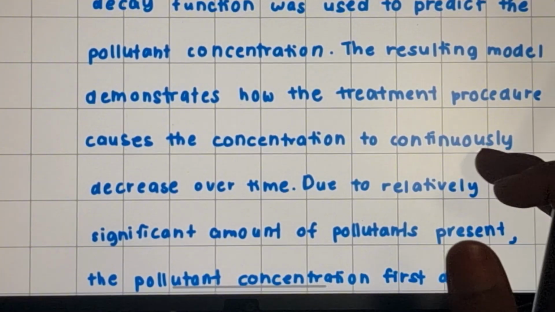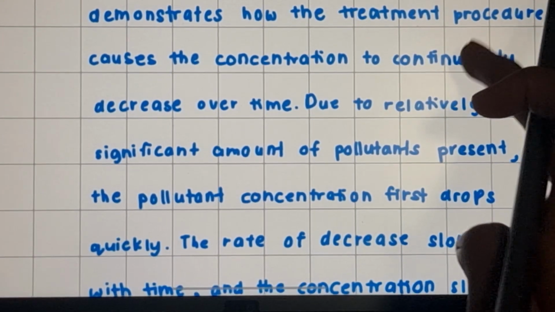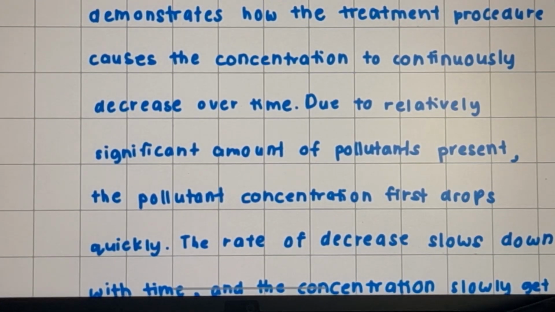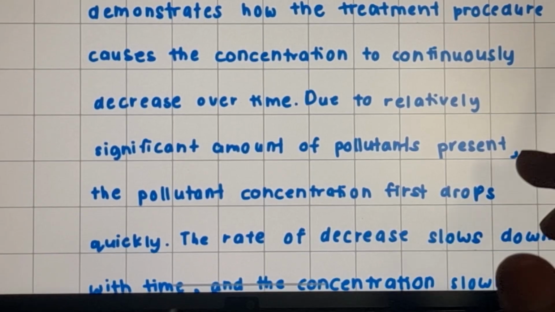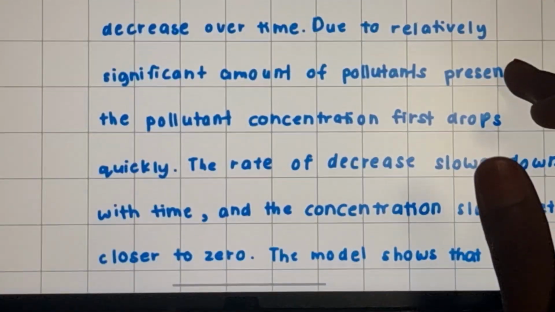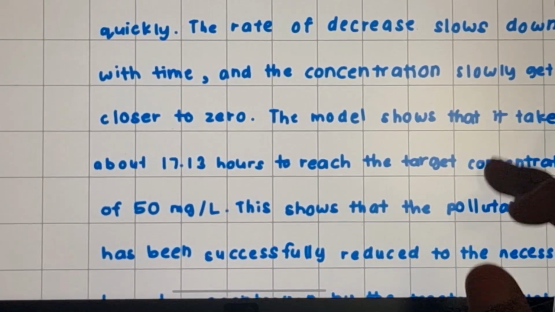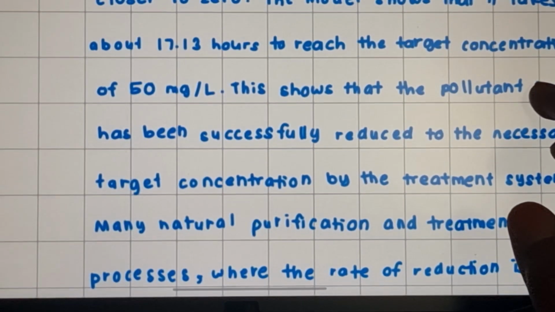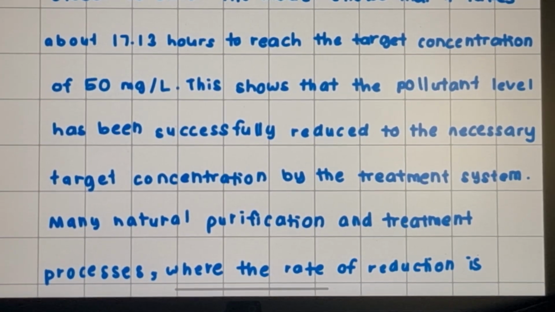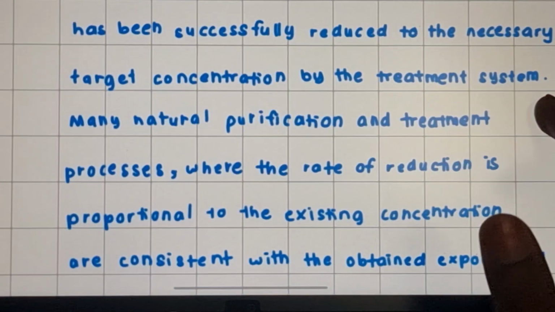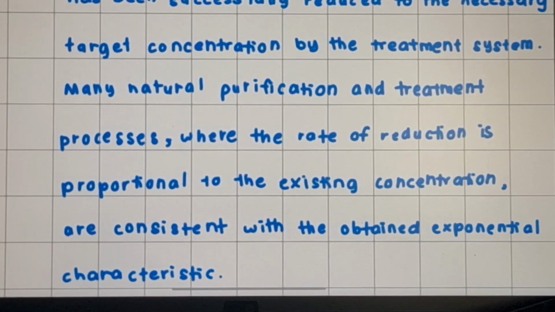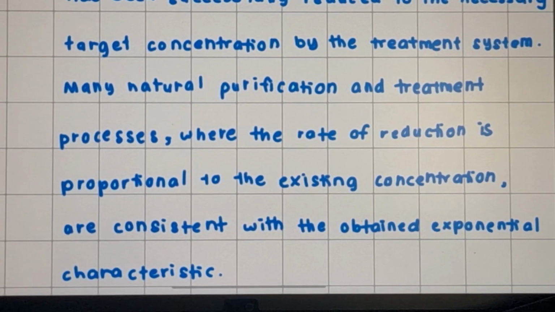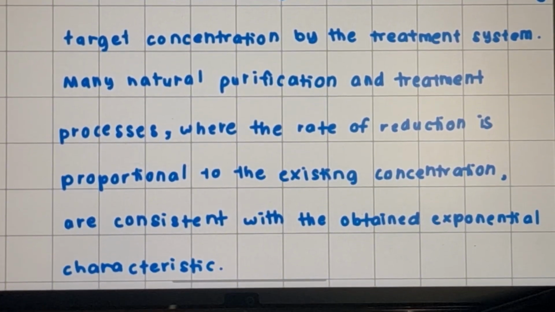Based on the model, the target concentration of 50 mg/L is achieved after approximately 17.30 hours. This behavior is consistent with many natural purification and water treatment processes where the rate of reduction is proportional to the existing pollutant concentration. That's all for task 1. Thank you.